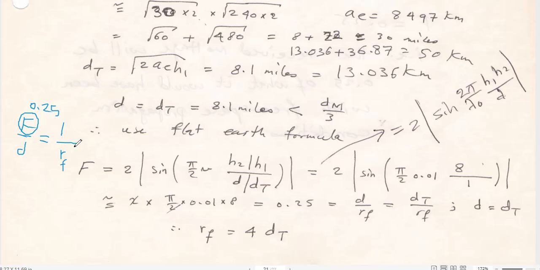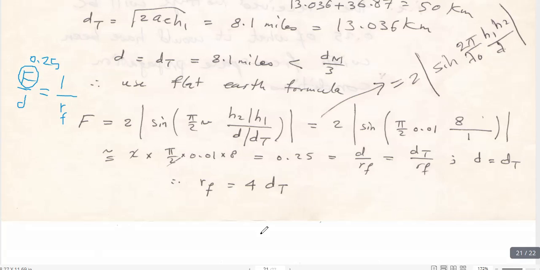If you reverse this fraction, the reverse of this is 4, therefore Rf is equal to 4d. Rf is equal to 4 dt for distance. The distance is 8.1 miles or 13 kilometers. Therefore our free space range is 4 times 13 kilometers.